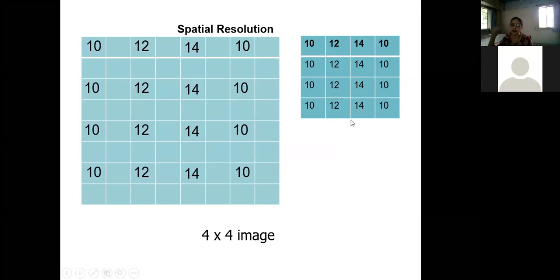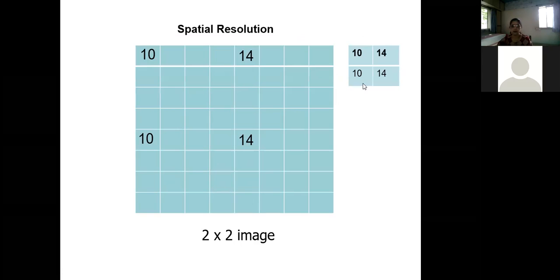If we reduce it further, what will happen? Say if we further reduce resolution by half, what is the resultant image size? Compared to this image, we will get a 2 by 2 image.